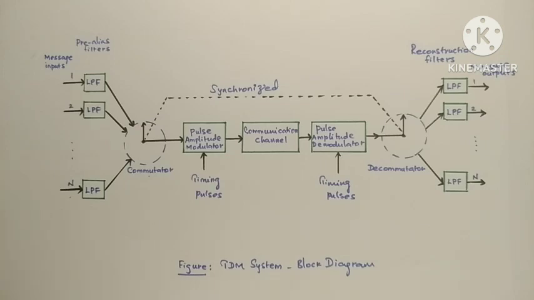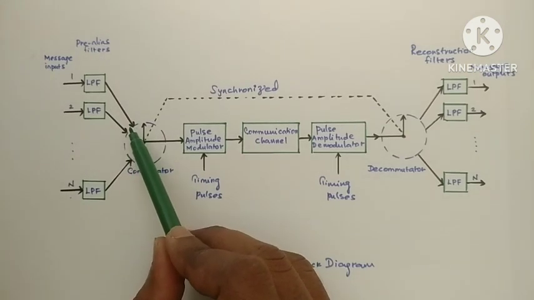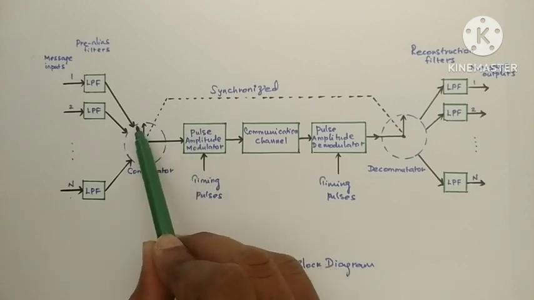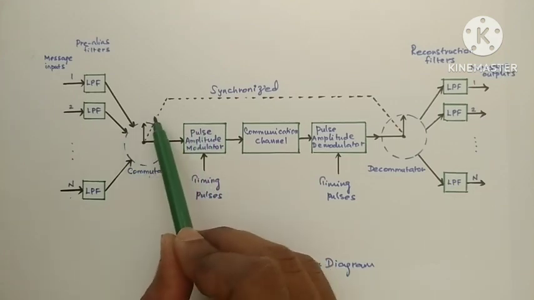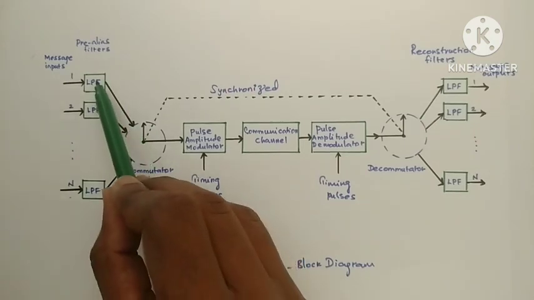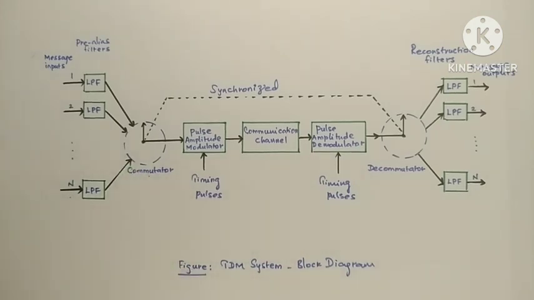How will it take the samples? Based on the sampling theorem. For example, if it takes message input 1, it will take the first sample and send it to the next stage, and after the sampling interval Ts, it will take the next sample. So it will sample each and every incoming signal as per the sampling theorem.